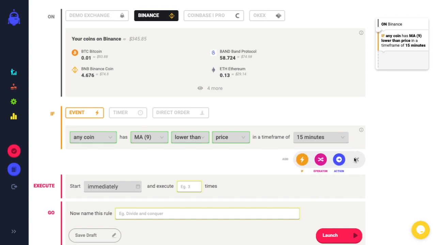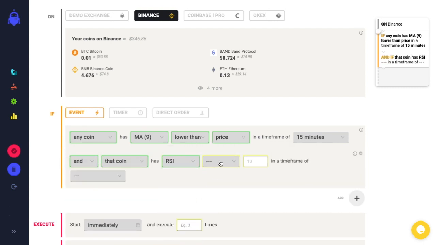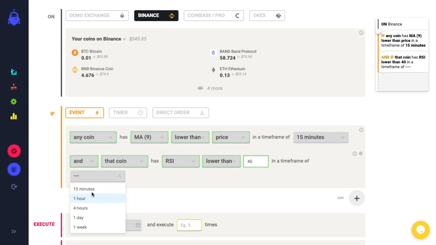I will add another condition. I also want that coin to have an RSI lower than, let's say for example, 40 in a time frame of 15 minutes.